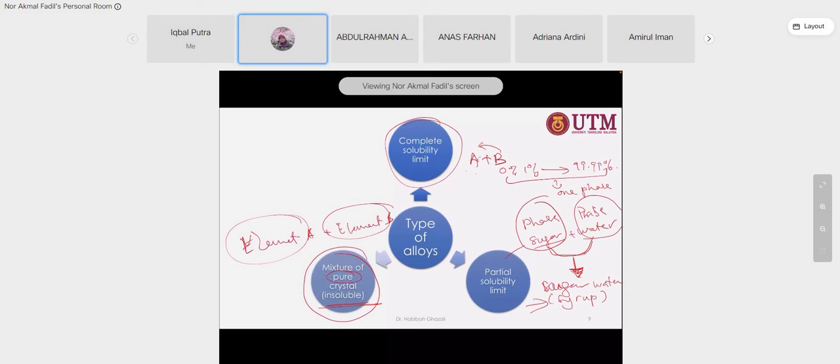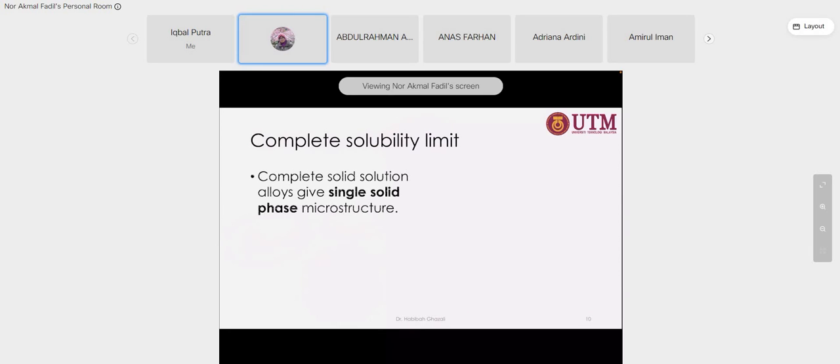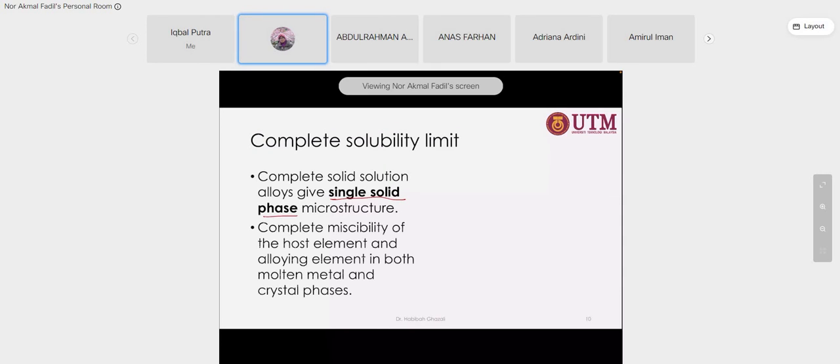So this is complete solubility. There's no limit line like with sugar and water. A complete solid solubility alloy gives a single solid phase microstructure, with complete solubility of the host element and alloying element in both the molten metal and crystal phase.